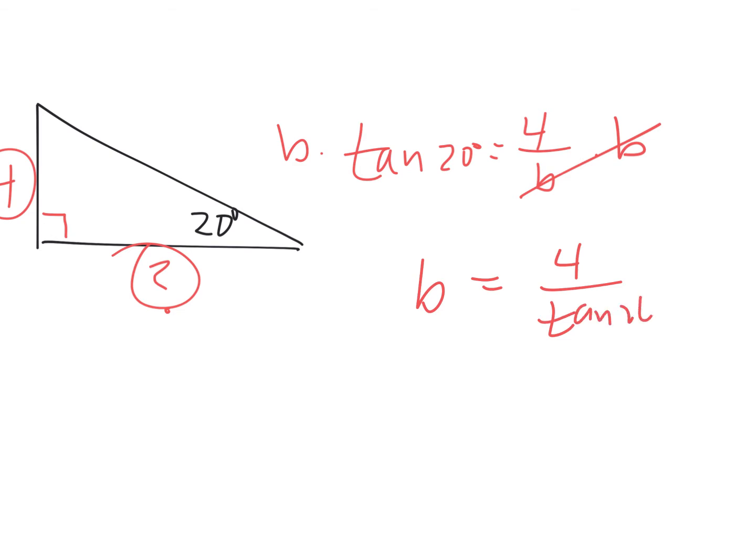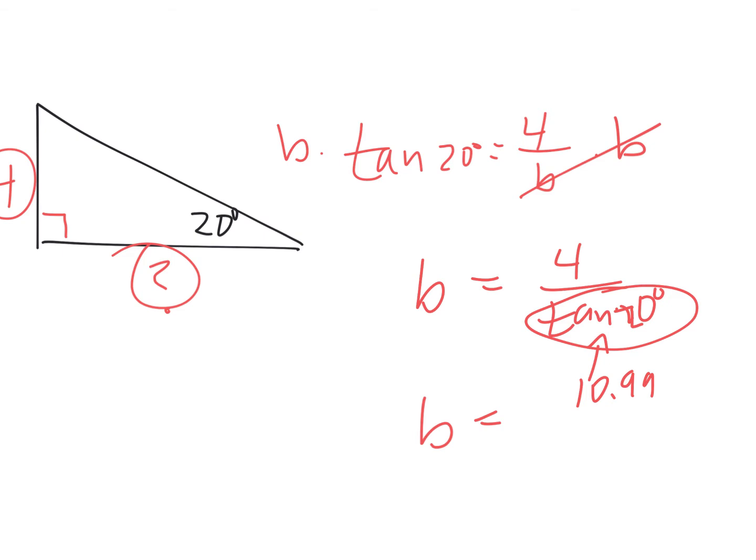That is an accurate answer because I haven't messed it up by a rounded decimal. But I hope you actually did type it in with a rounded decimal. And you get 4 over, what was the tangent of 20? Say it if you know it. 0.364. And then 4 divided by that. What did you get for a final answer?